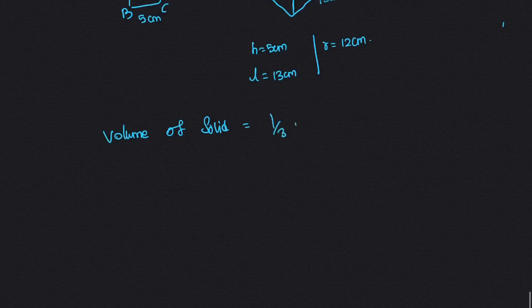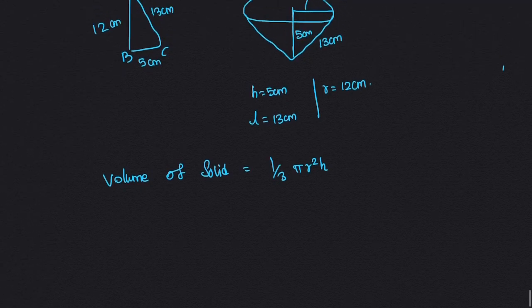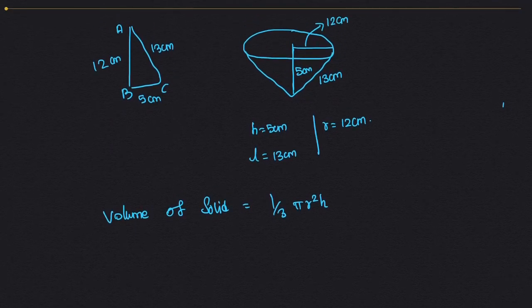One third of pi r squared h. So we need to compare the two volumes, so we need not multiply the pi value, instead of using 3.14 or 22 by 7.